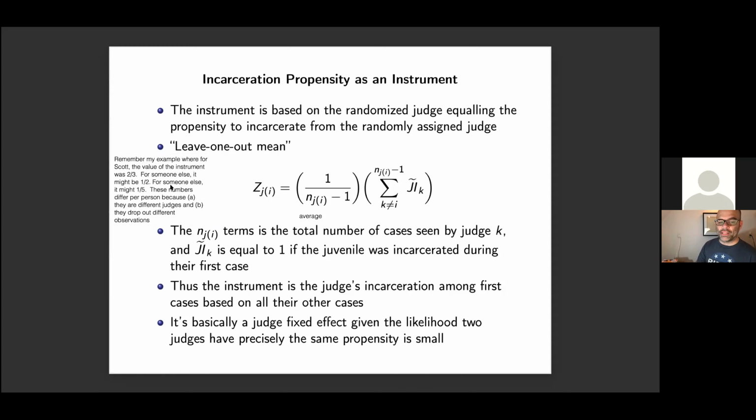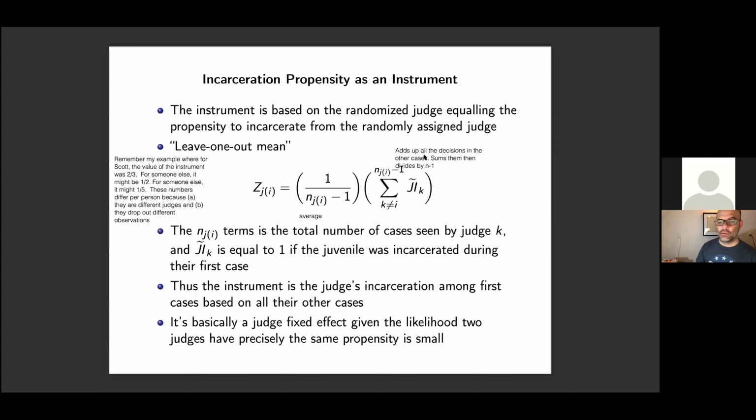So we're going to get this leave one out mean. All right, it's going to be called a leave one out mean. So here's the average part. So what's this? This right here adds up all the decisions in the other cases, sums them, then divides by n-1. Okay.